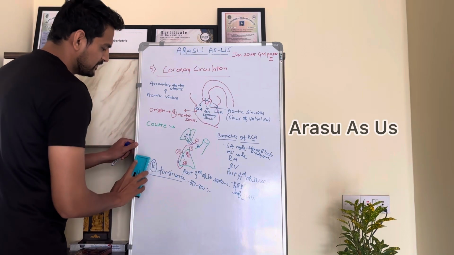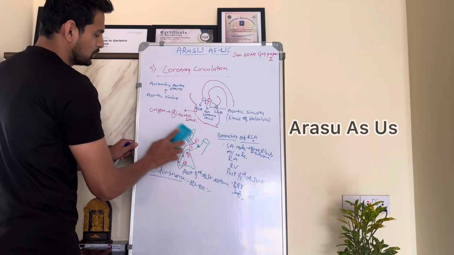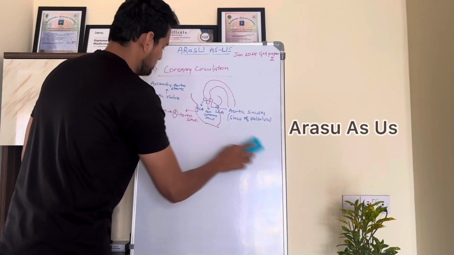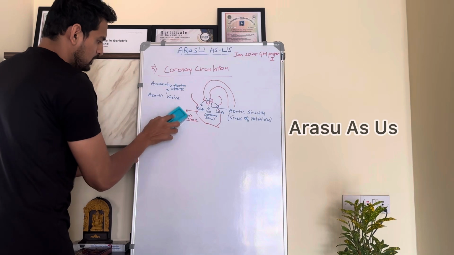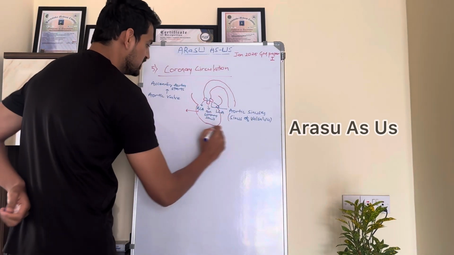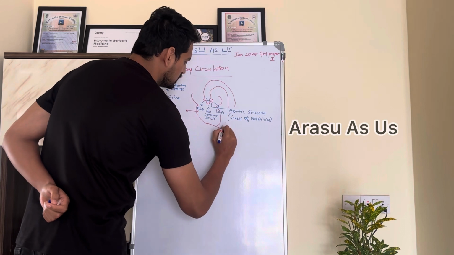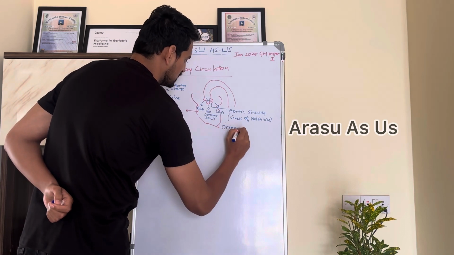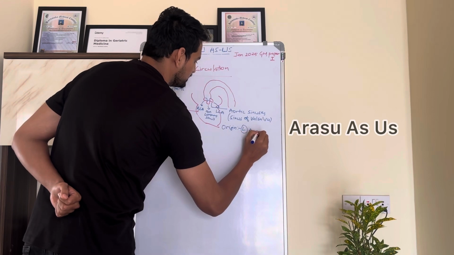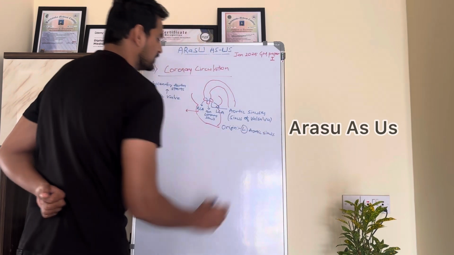Coming to LCA, left coronary circulation or left coronary artery. Now we know that origin is from the left aortic sinus. Okay.